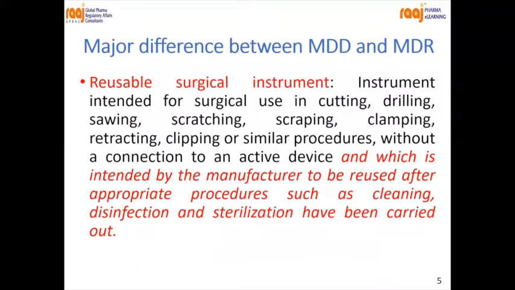Then, reusable surgical instruments means what? Instrument intended for surgical use in cutting, drilling, sewing, scratching, scraping, clamping, retracting, clipping, or similar procedure without a connection to an active device, and which is intended by the manufacturer to be reused after appropriate procedures such as cleaning, disinfection, and sterilization have been carried out.